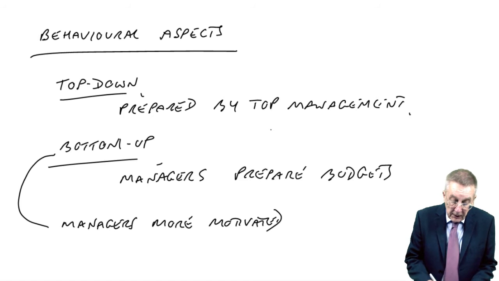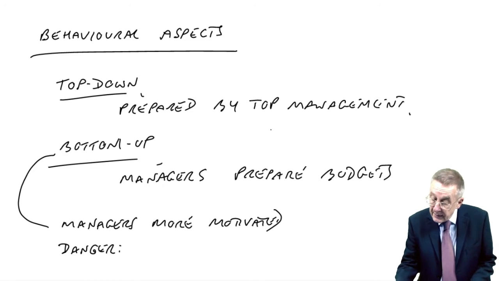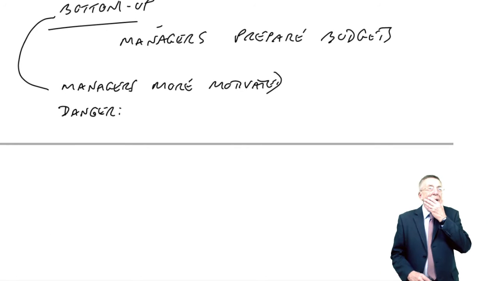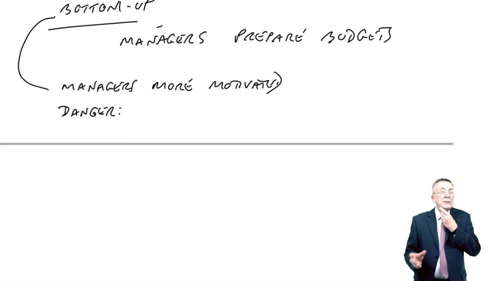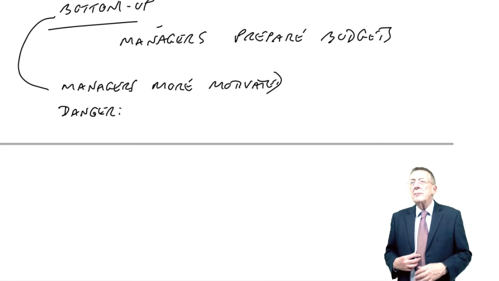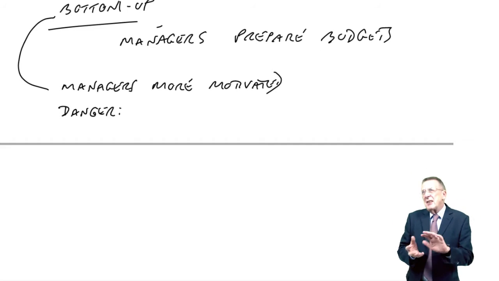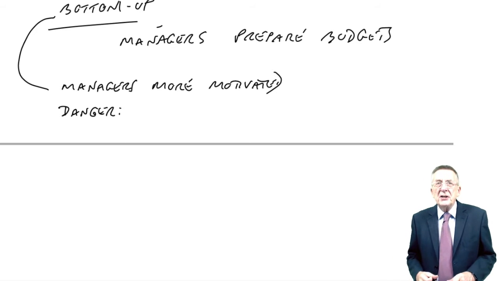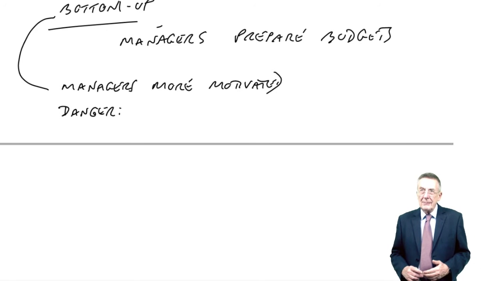However, the danger with bottom-up, or the potential problem, is because managers aren't stupid. They know you're being measured on how well you perform against budgets. So you may say, I'm doing a materials budget. I think we need $10,000. I'll put in the budget $11,000.